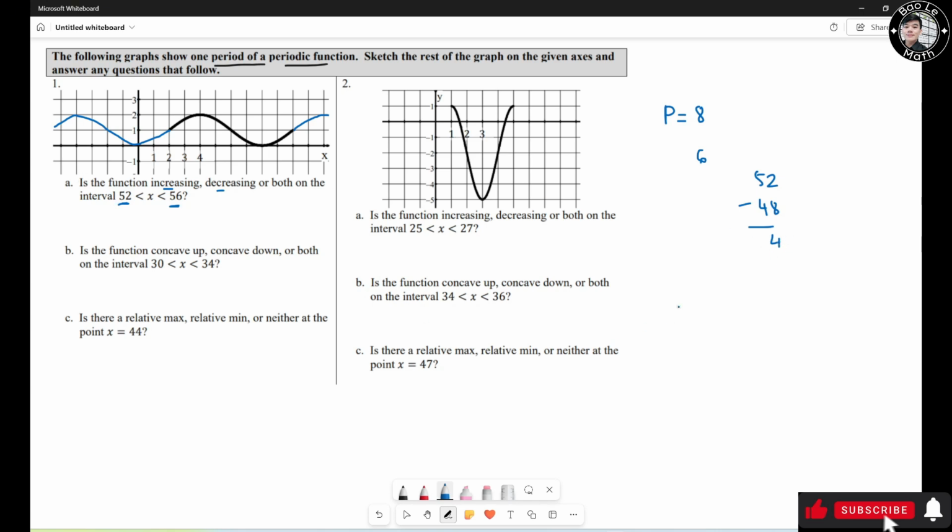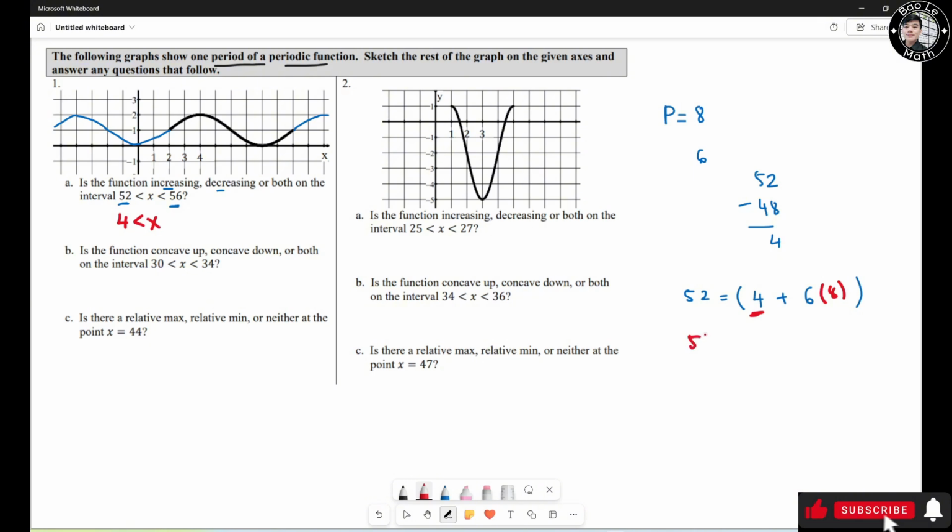So 52 can be written as 4 plus 6 times the period. Remember the first two examples we did. So instead of 52, you can write 4 only. So 52 is the same thing as 4, less than.